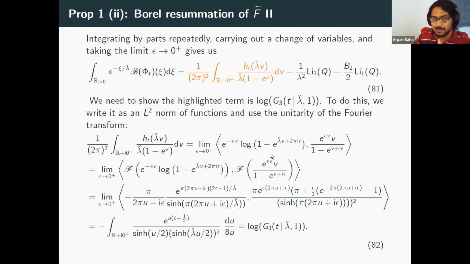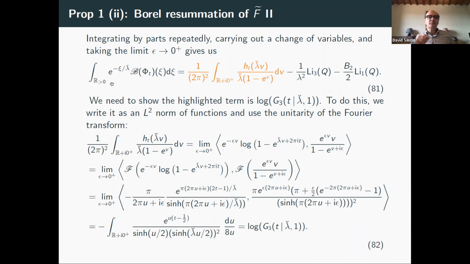Yeah, right. So basically, this is the idea that you have in this Garoufalidis paper, where you think of this. You basically obtain a different expression for the dilogarithm, and the idea that you use to do that is you interpret this as a norm of two functions, the L2 norm of two functions, and then you use the unitarity of the Fourier transform.